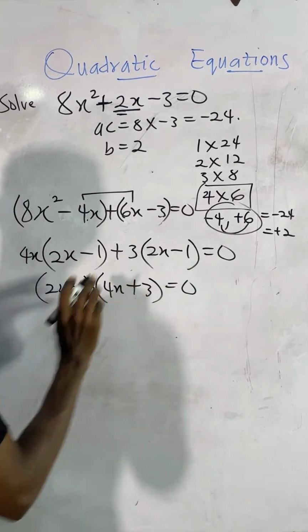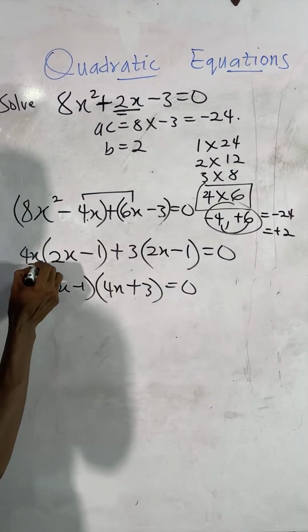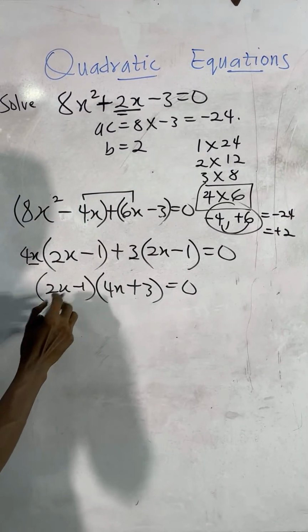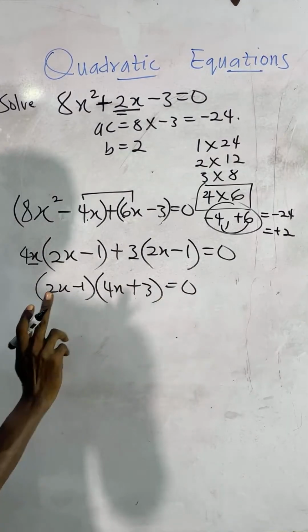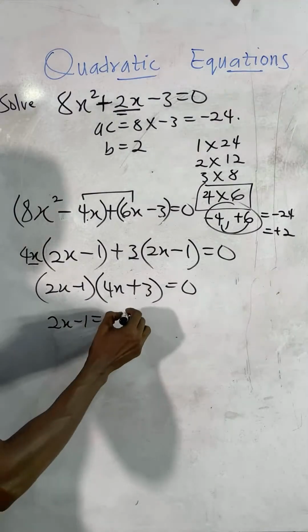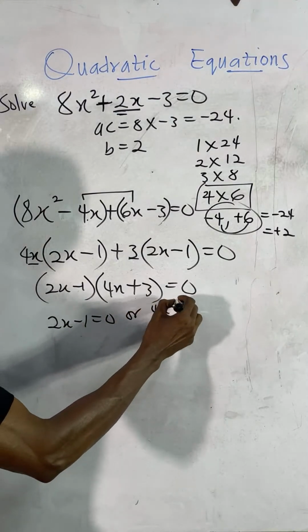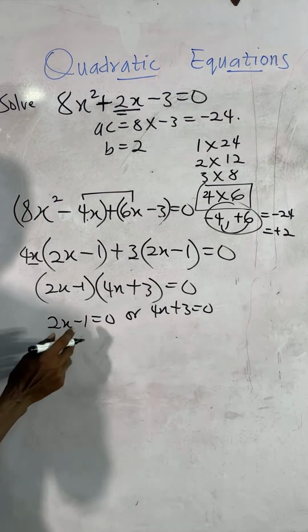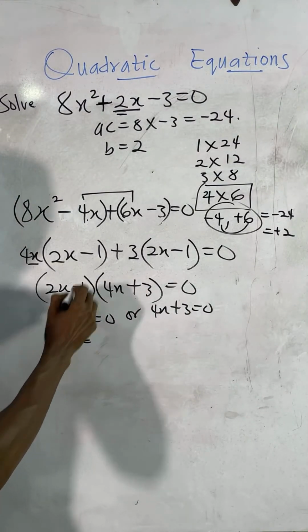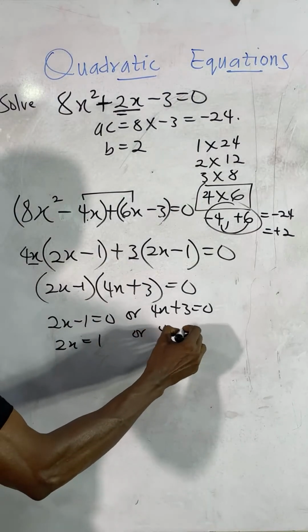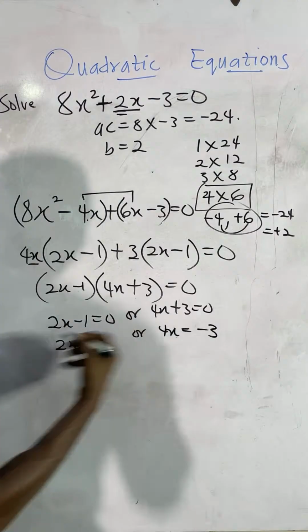If you are following, you know what we're doing. This, then 4x and 3 give this other bracket. So from here, since the product is equal to 0, it is either 2x minus 1 equals 0 or 4x plus 3 equal to 0. So from here, 2x equal to 1, or 4x equal to -3.